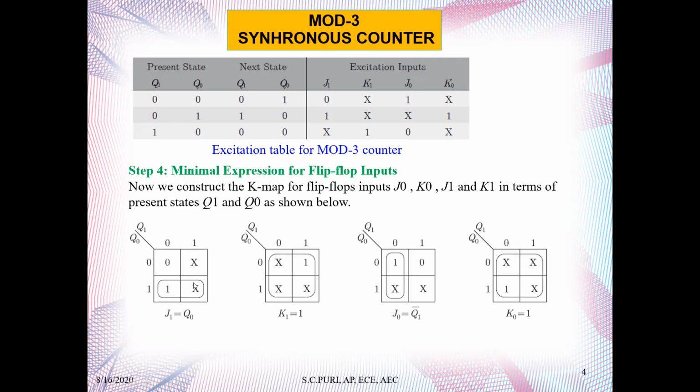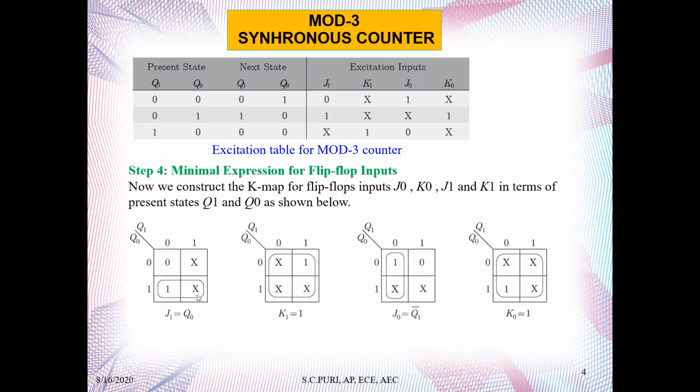For the 1 1 condition, we have seen in the methodology that if you don't find the condition in the table, like suppose the 1 1 condition, which is not here, you simply take it as don't care.